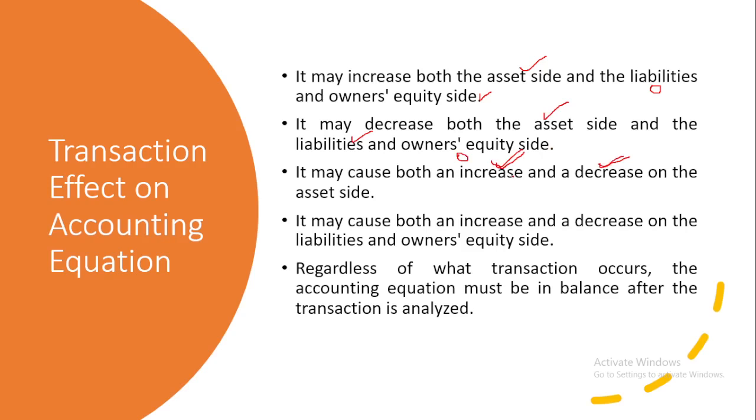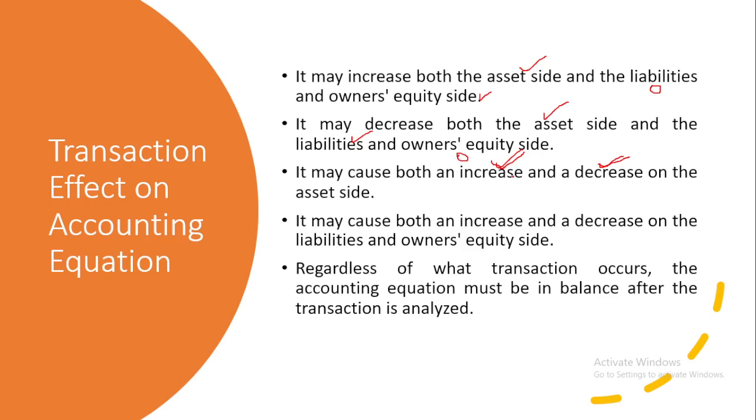So the plus here and the minus here on the same asset side will actually give a zero balance, which will be the same as the one on the liability and owner's equity side, which is going to be zero.